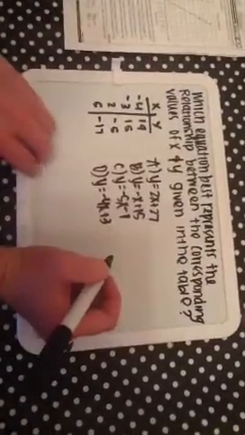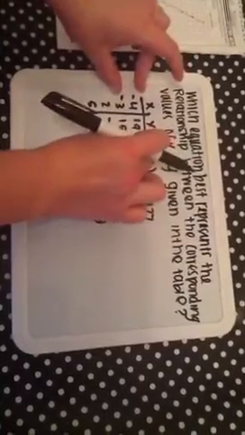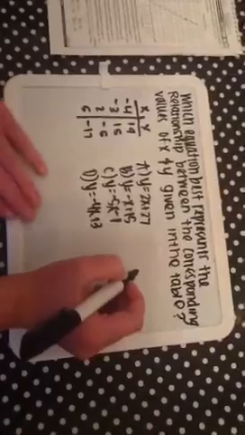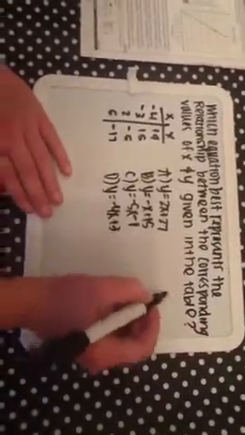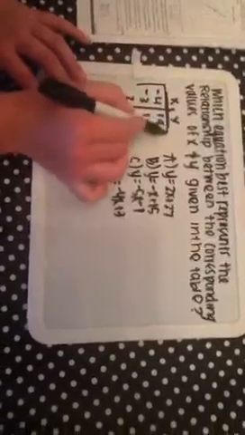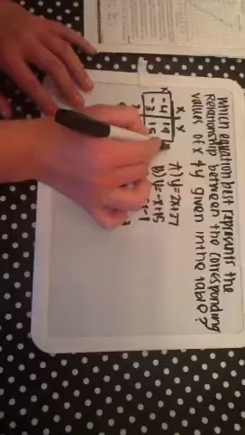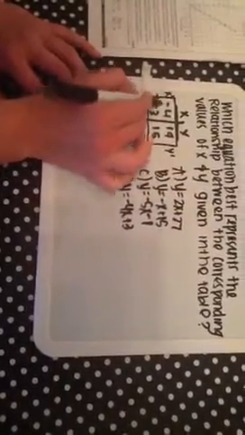So now what we're going to do, we're going to get 2 points off the table, and we are going to use the slope formula to find the slope. So what I'm going to do, I'm going to use these points right here, x1 and y1 and x2 and y2.